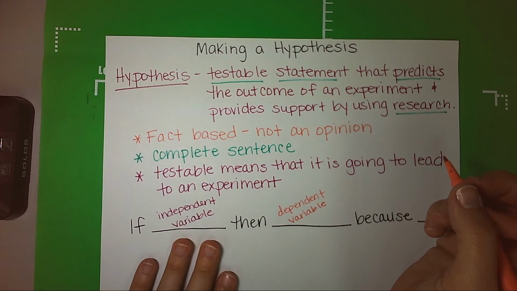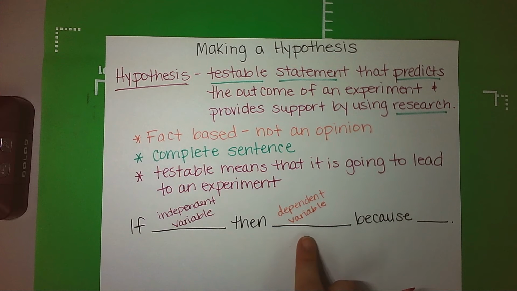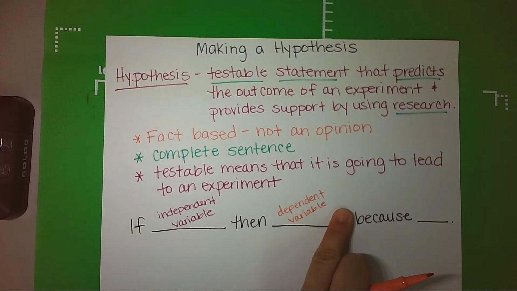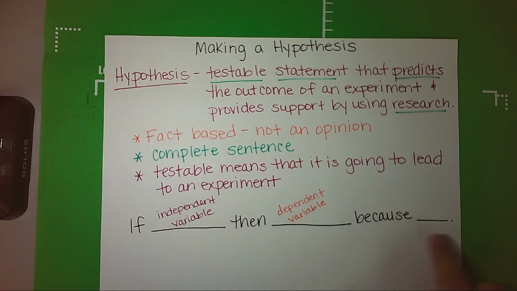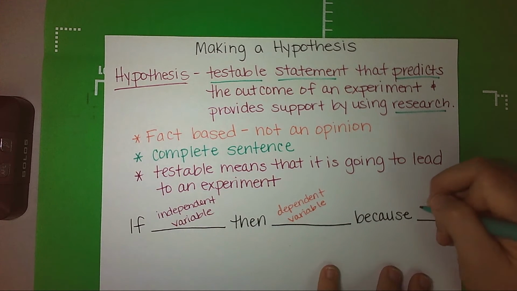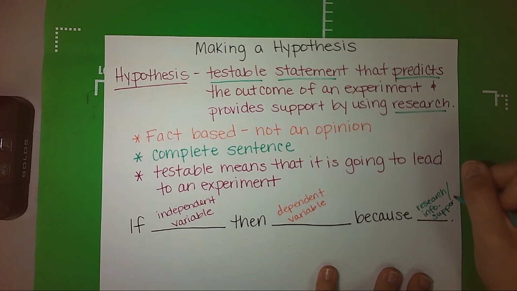So if, and then we put our independent variable there, then, because we're explaining that this is going to be affected by this, and then we put in our support. Okay, so this is where we're going to plug in our research information. This is where we put in our support.